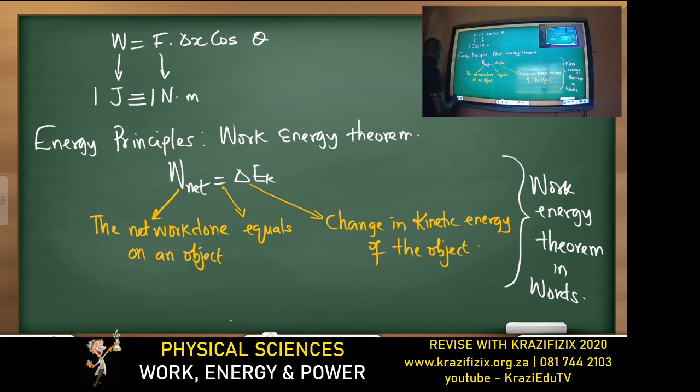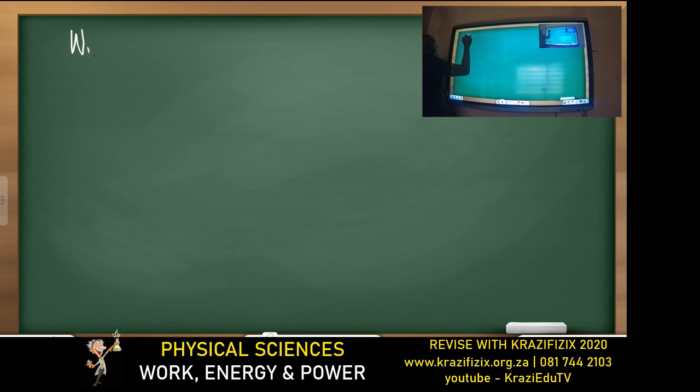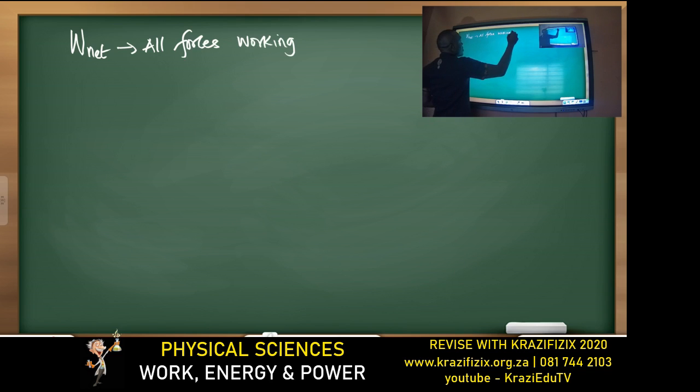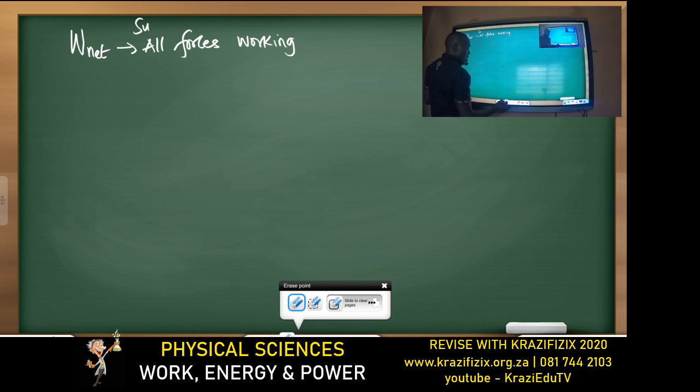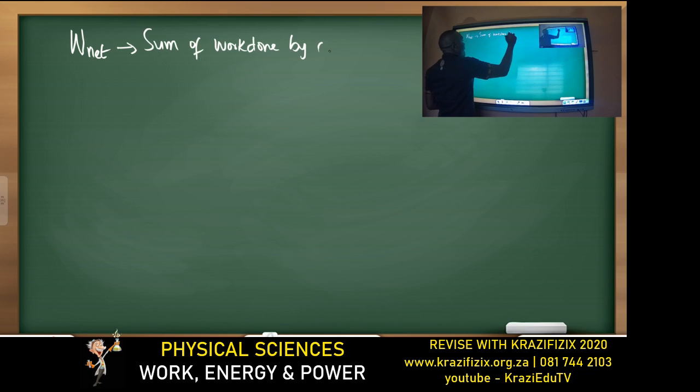When it comes to calculation, you need to understand that when you say W net, it means all forces working on the object. It is the sum of the work done by all forces.